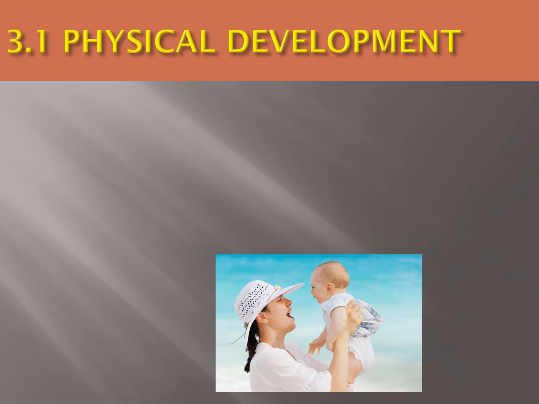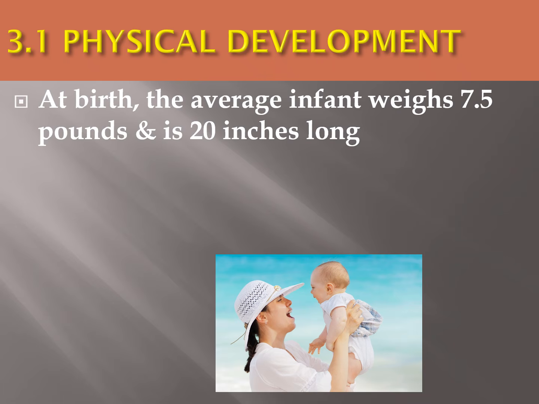The first section is on physical development, which will be part of what you can observe in your case study. But this is from your chapter, so we're beginning in 3.1. And at birth, the average infant weighs 7.5 pounds and is 20 inches long.